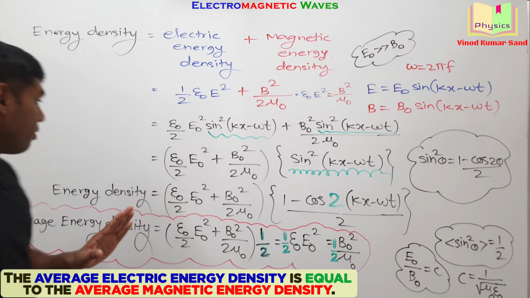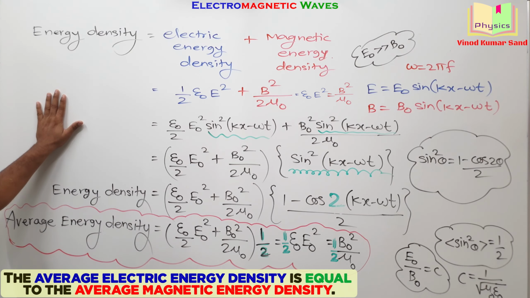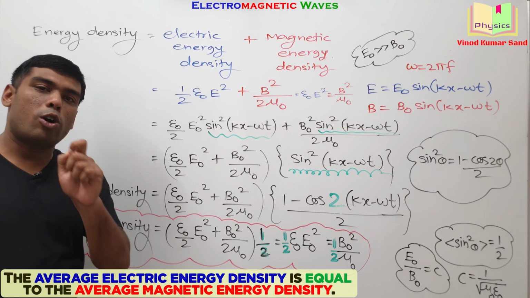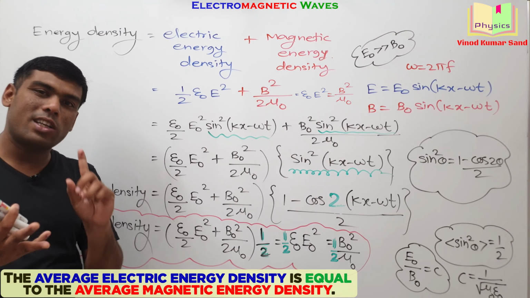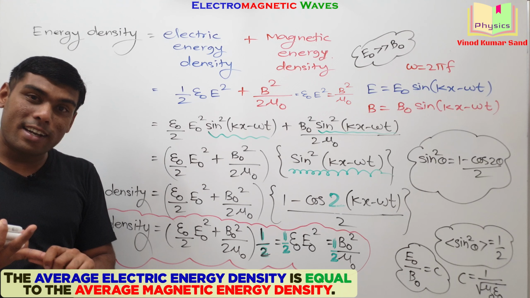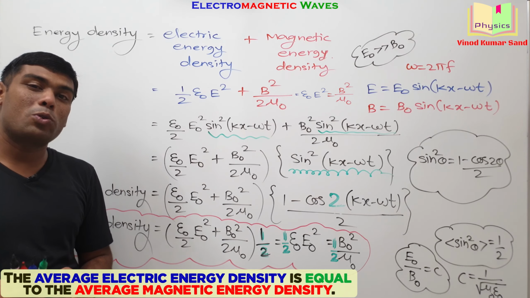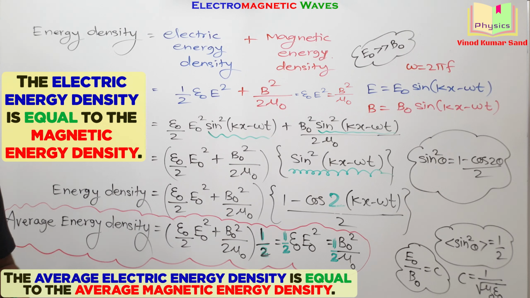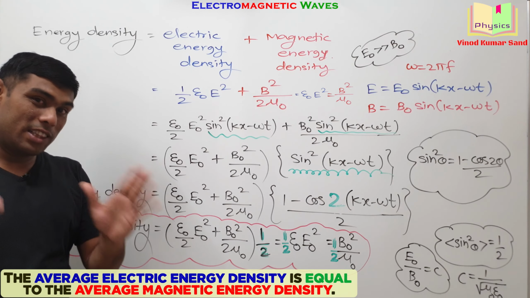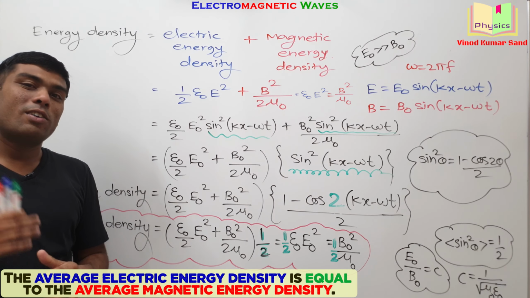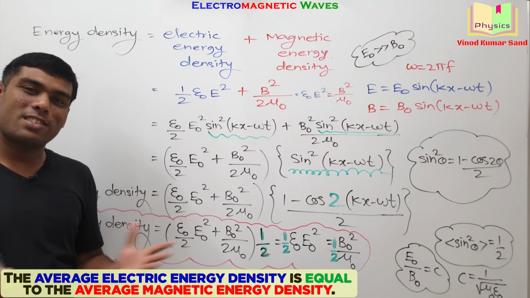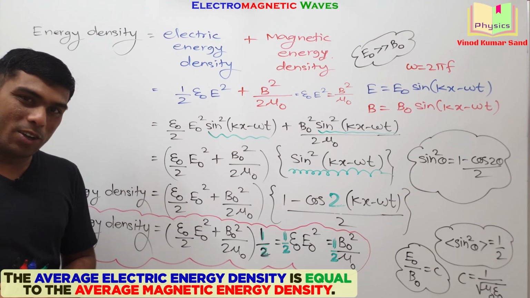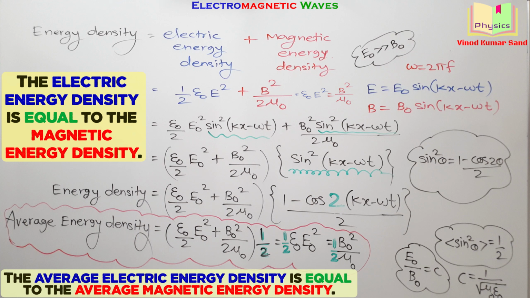Keep in mind, for an electromagnetic wave, if you take the average of the electric energy density as well as the magnetic energy density, they will come out to be the same. So you should note down this information and then we will proceed further. If you require, I'll derive the things. I'll prove that the average energy density for the electric field and the average energy density for the magnetic field are equal. You note it down up to here.